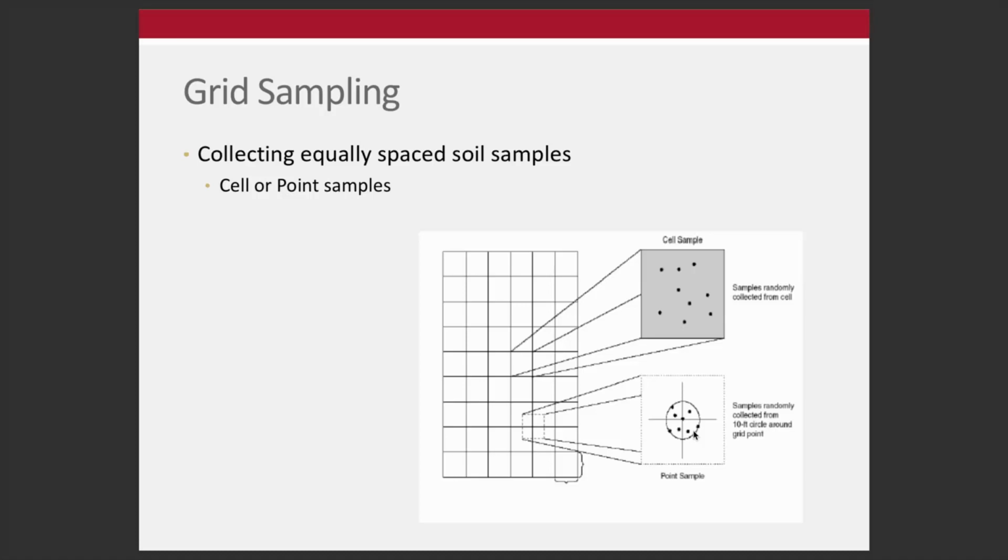There have been plenty of studies showing that at field scale you typically need somewhere between 10 and 12, maybe even 15 cores to make a pretty representative soil sample. So if you're only doing 4 or 5, you've got a much greater chance of hitting a hot spot or a really low spot and skewing your values.